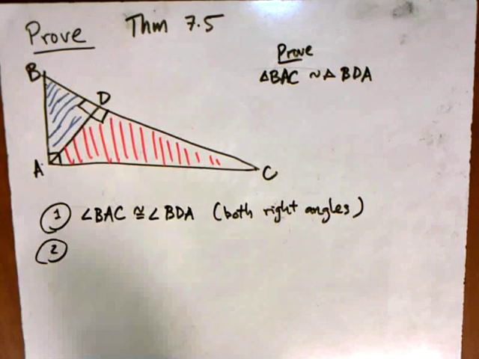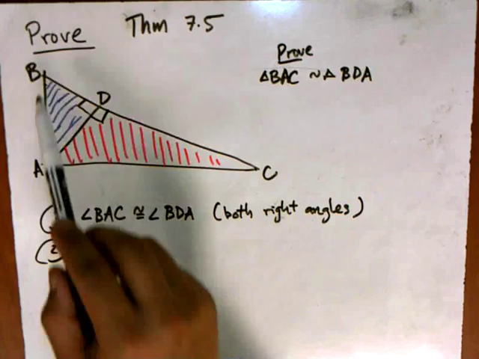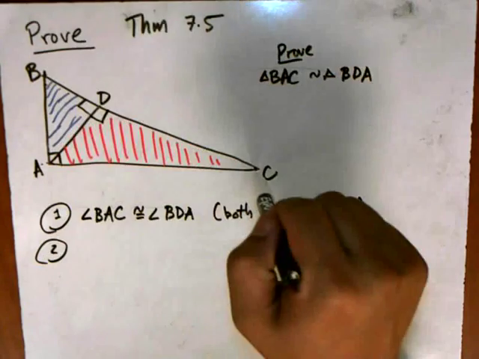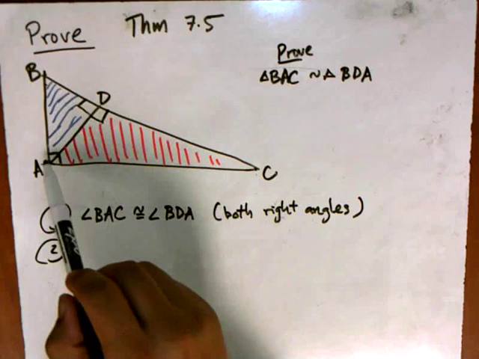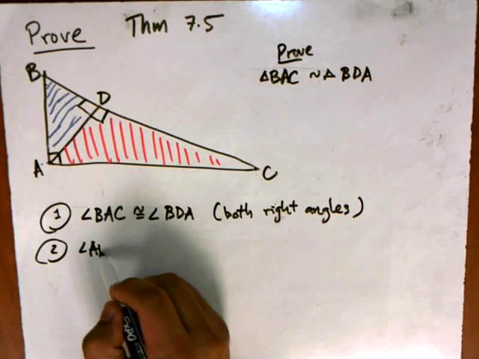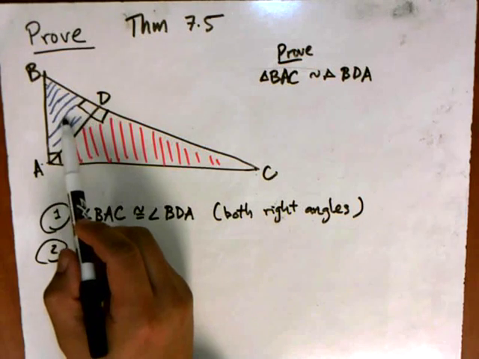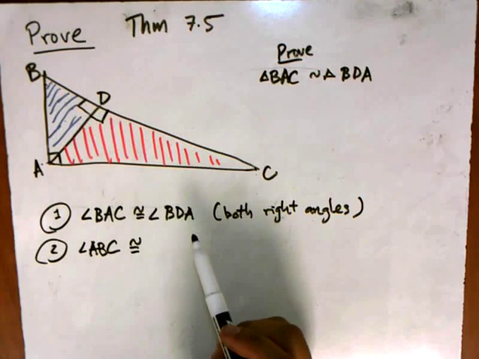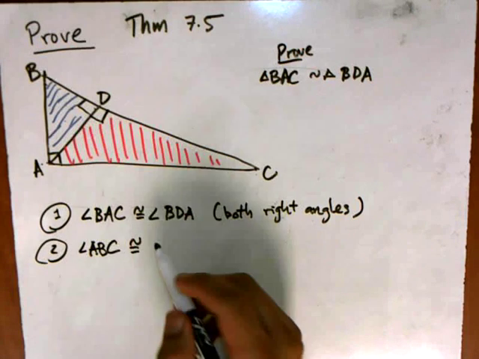Then I can say that angle ABC, so that's this one right here, and I'm looking at the big triangle right now, and then when I look at the blue triangle, the smaller one, is congruent to angle ABD.